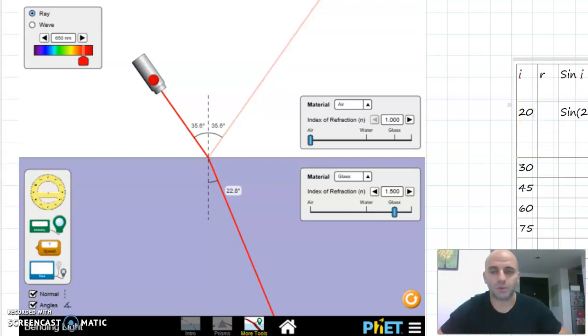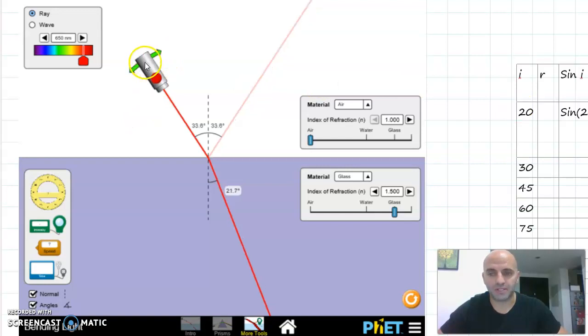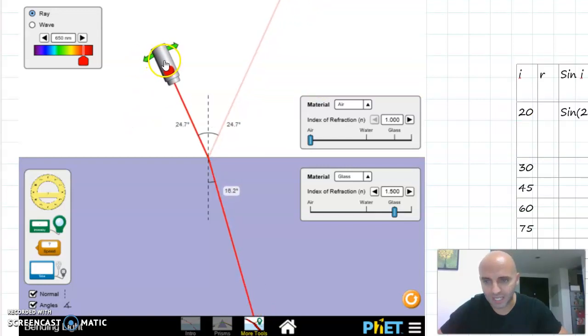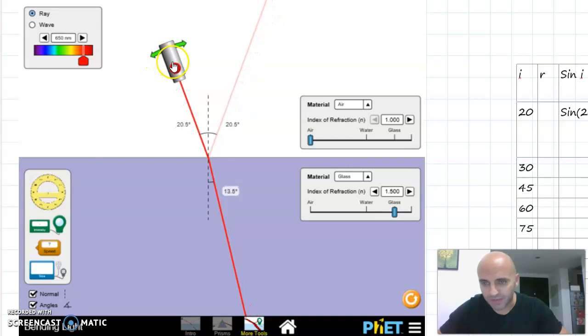So I'm going to set my angle of incidence first of all to 20 degrees, bearing in mind that 20 degrees is the angle between the laser beam and the normal here. You'll also see that you have a reflected angle on the other side, but we're not concerning ourselves with that right now.